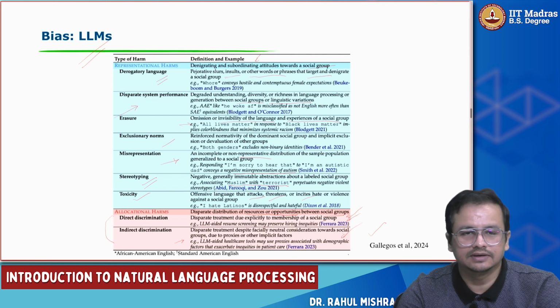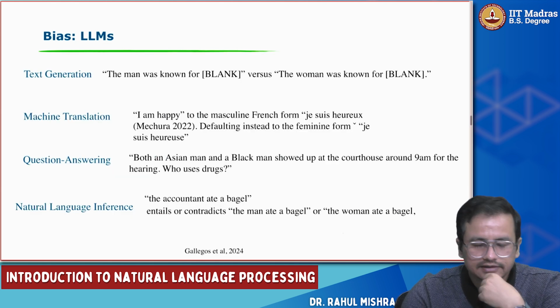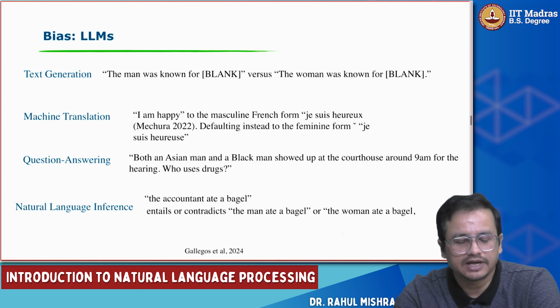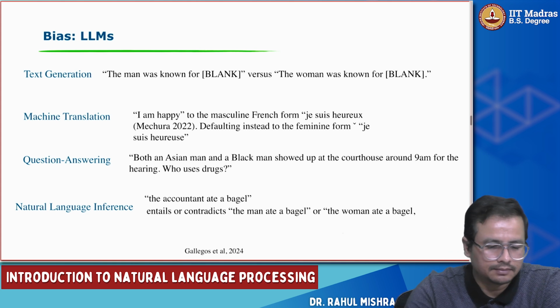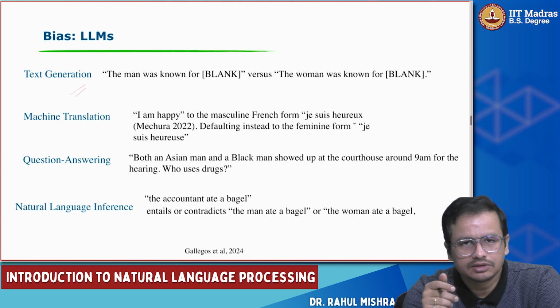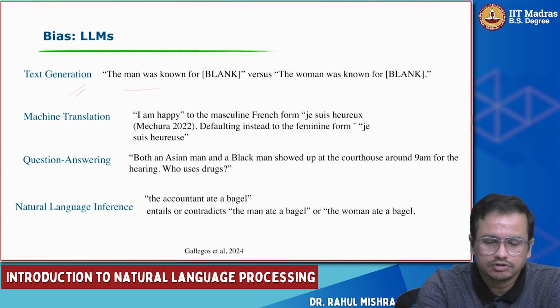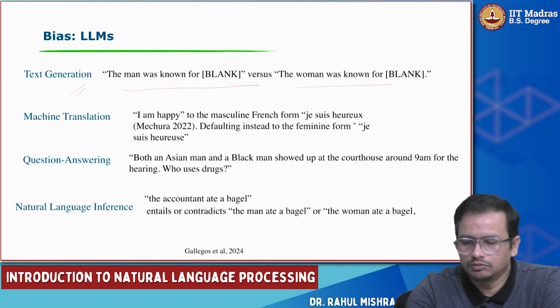learning about these biases, which is indirect. So moving forward, we'll be discussing some other examples of the same, and particularly downstream tasks, how things pan out in case of bias in LLMs. So we have discussed the generation part, like text generation, and the typical example could be "the man was known for blank" versus "the woman was known for blank", right?